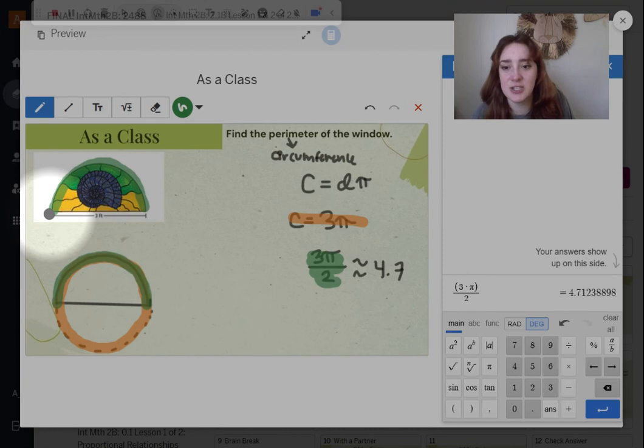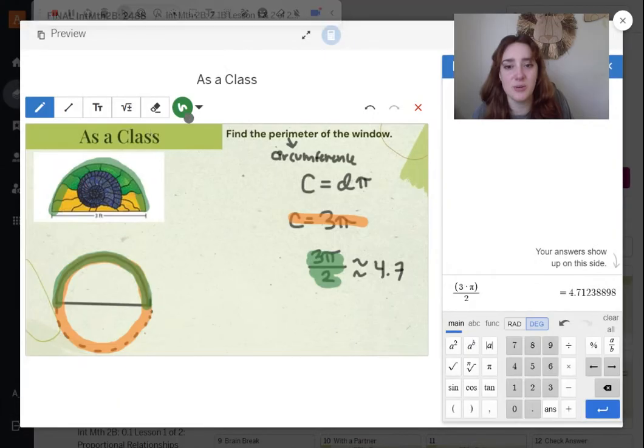Stick with me here. So we're walking. Did we walk the full outside of the building? Did we walk the full distance? No, we're missing this segment down here. Oh, but lucky for us, they gave us that distance of 3 feet.